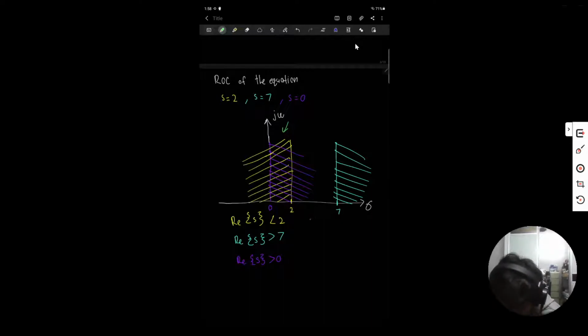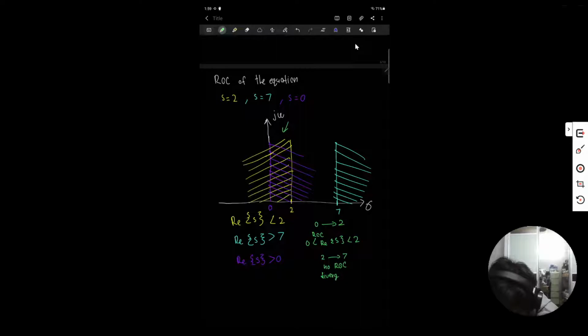For the vertical strip, if we say 0 to 2, we have a ROC of less than 2 and more than 0. And for 2 to 7, we will get no ROC, since it's a divergence. One is going to the left and one is going to the right.